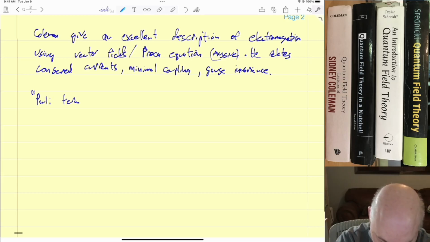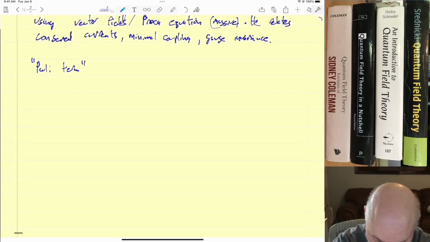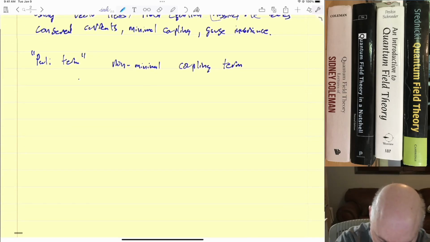Now, the Pauli term is an example of a term that's non-minimal coupling. And there's usually some coefficient. We're not going to worry about the coefficient here. Sigma mu nu is proportional to gamma mu gamma nu minus gamma nu gamma mu.